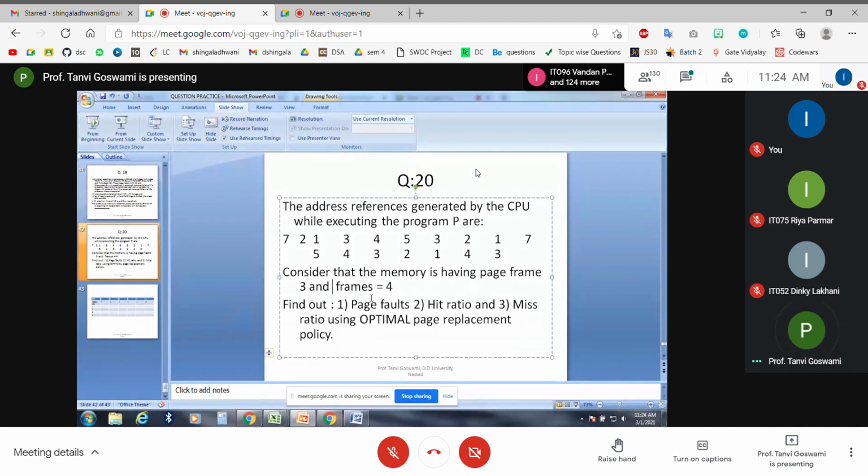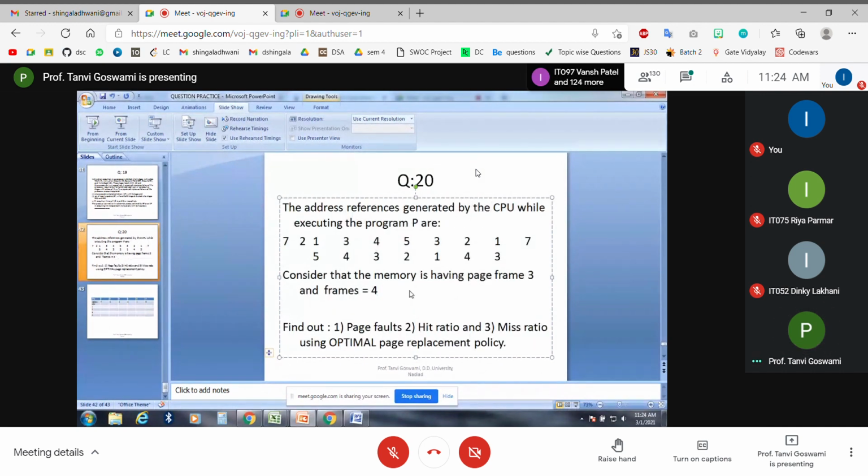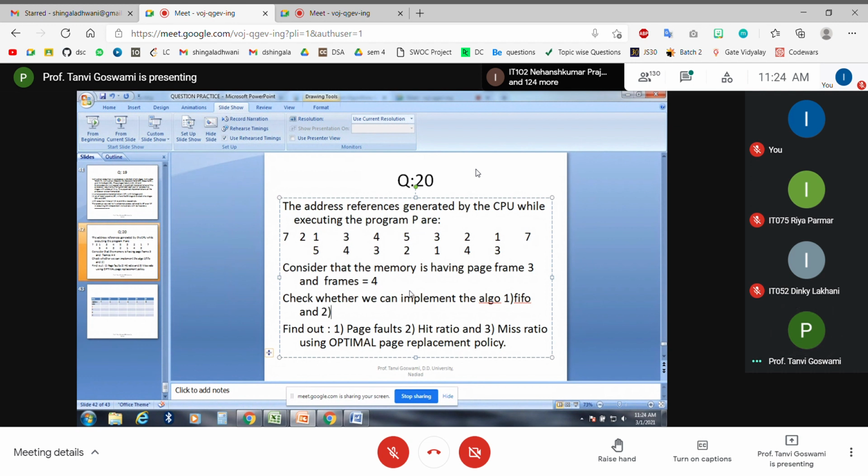What you need to check is whether we can implement the page replacement algorithms, FIFO and second LRU, with a stack or not.